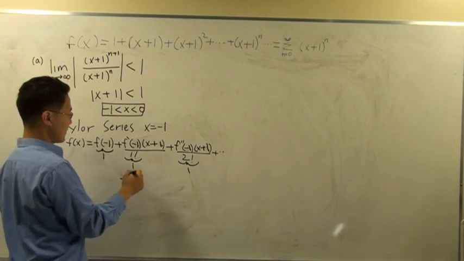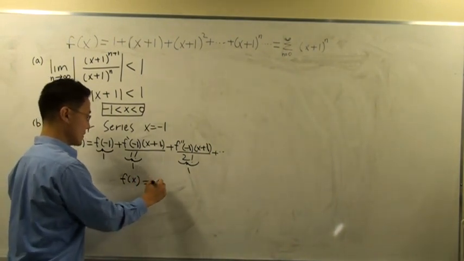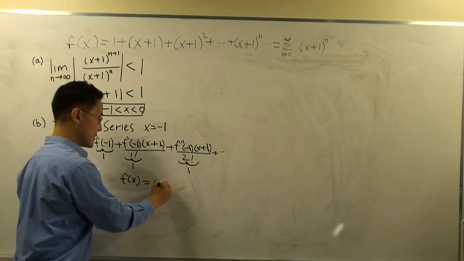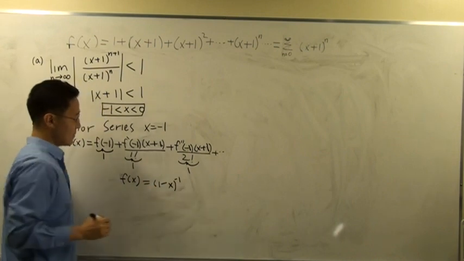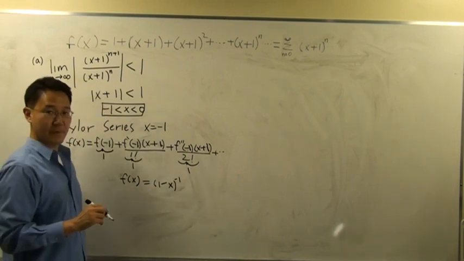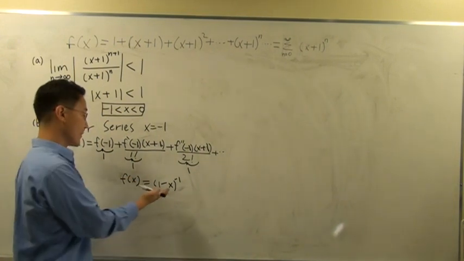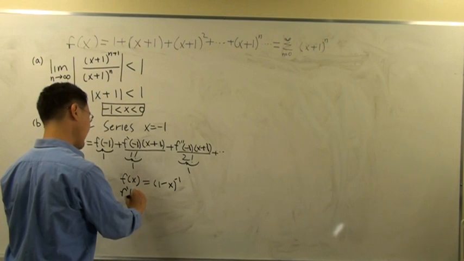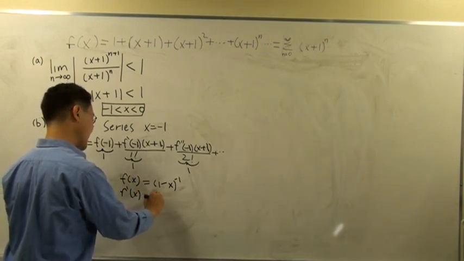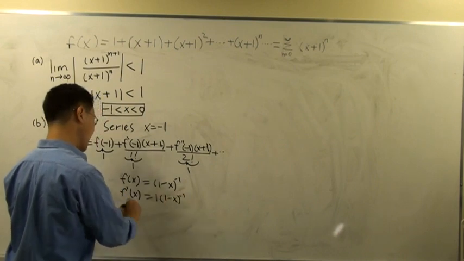Okay? So I'm going to guess a function f of x that has this form, 1 minus x to the minus 1 power. And let's see what happens as we apply derivatives onto this function. So the first derivative gives us 1 times (1 minus x) to the minus 2.